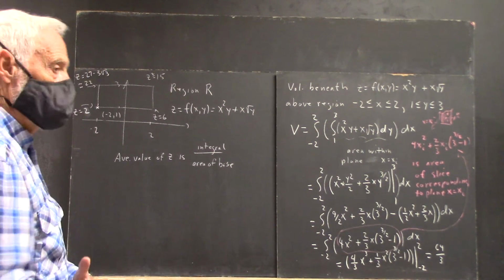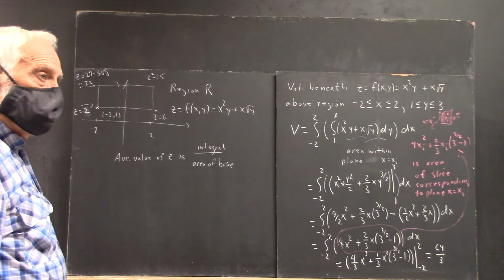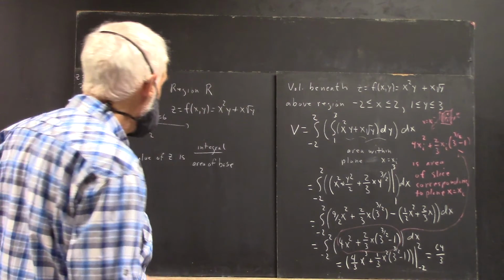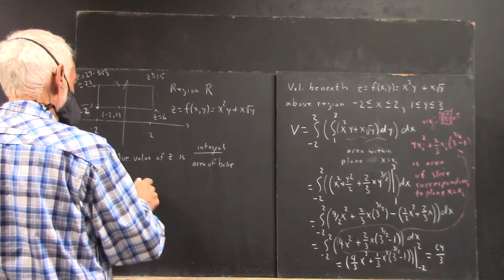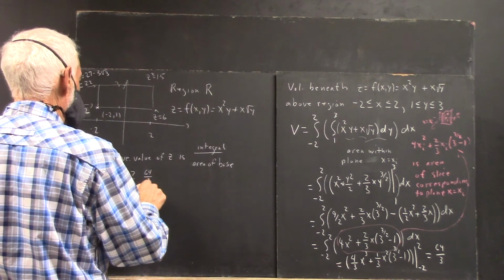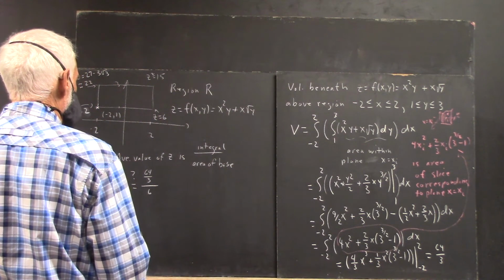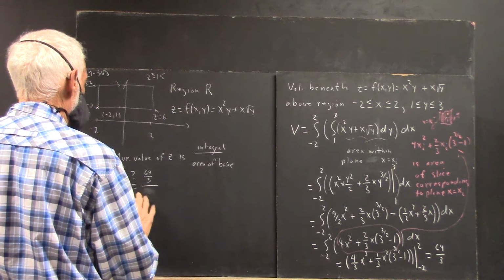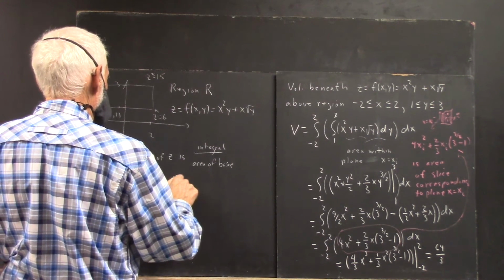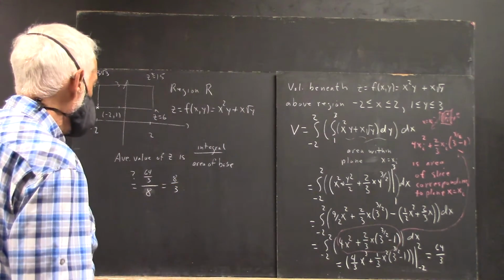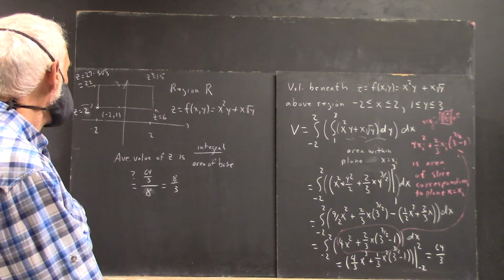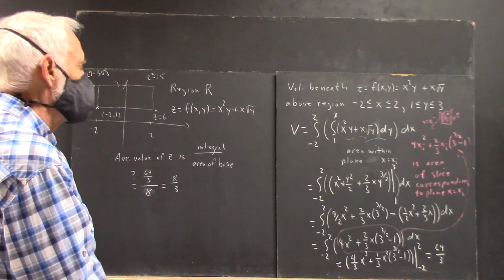Just analogous to the average value function of 1 variable, which is equal to the integral divided by the length of the interval. Well, the average value is 8/3, and that's not consistent with what we get when we evaluate the Z's.